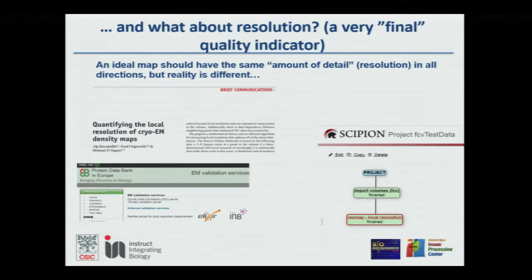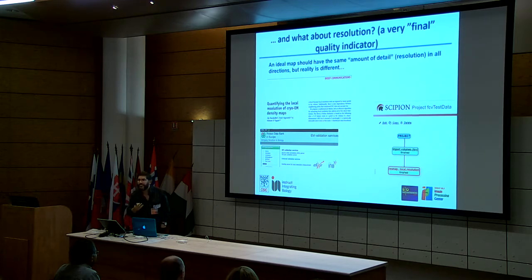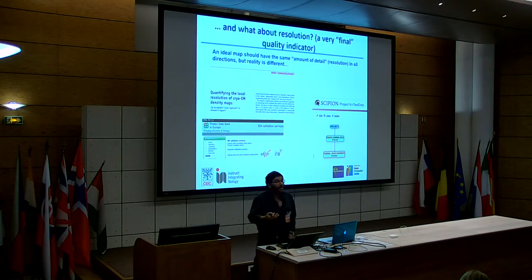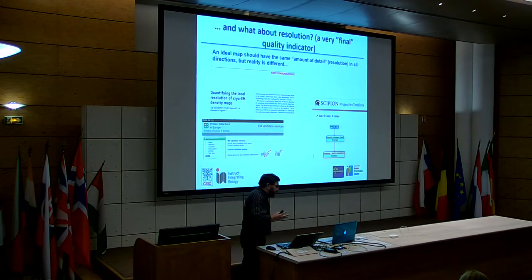Let me introduce one more thing that is very obvious when you are working with flexible structures: not all the detailed resolution is going to be local resolution. Different parts of the maps are going to have different resolution, different qualities, and perhaps part of the differences in quality are methodological because something is working worse in a certain part of the map.